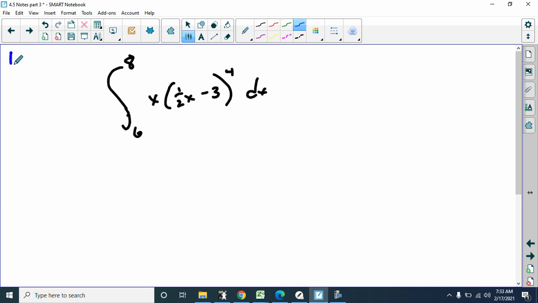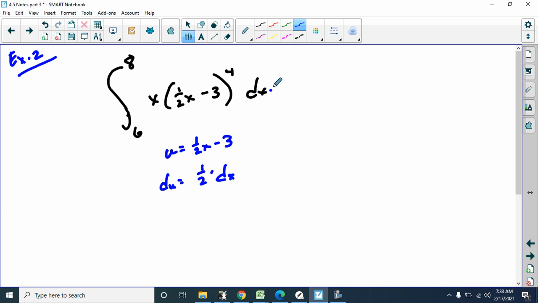Example 2, one more. Let's do a definite integral this time. The integral from 6 to 8 of x times the quantity 1/2 x minus 3 to the 4th dx. So we're going to make u equal to 1/2 x minus 3. Du would be 1/2 times dx.